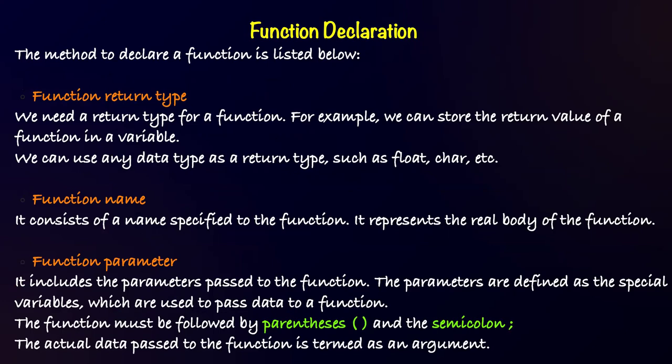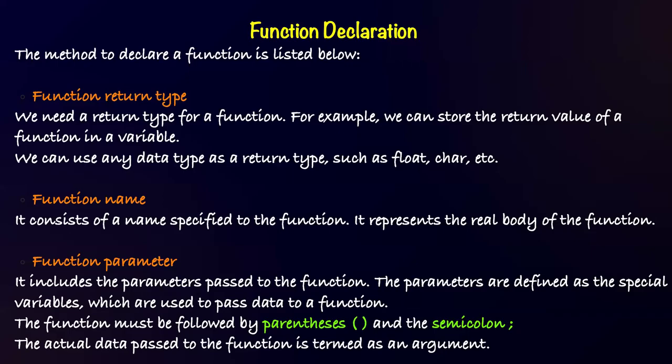Now, how to declare a function? The method to declare a function is listed below. First, the function return type. We need a return type for a function. For example, we can store the return value of a function in a variable.